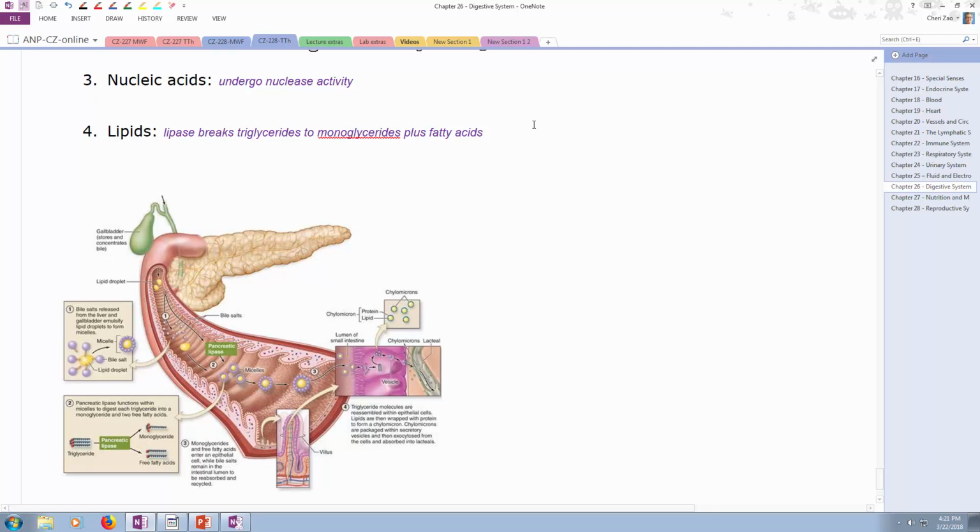Then nucleic acids will undergo nuclease activity, and so it depends upon which nucleic acid that we're working with. This will give us our nucleotides.